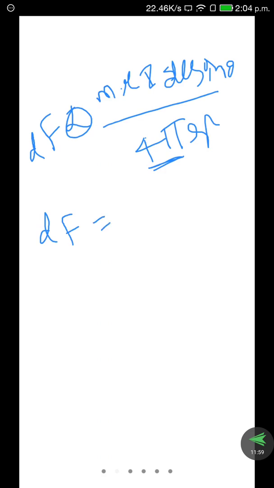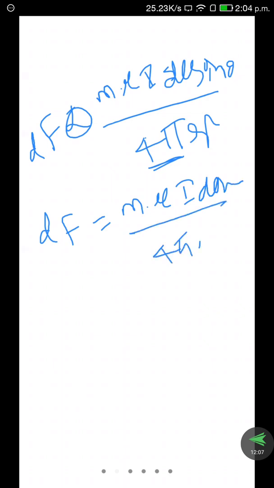Okay? So by 4 pi r square. So this is the equation we are getting here. But we already have a constant present. Because of that, we can directly write the equation dF is equal to m into mu into I dl sin theta by 4 pi r square.